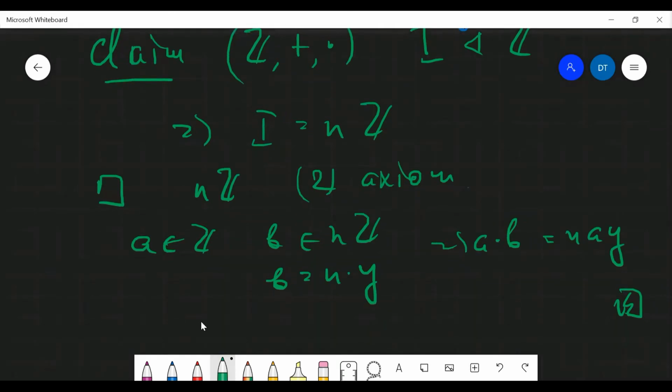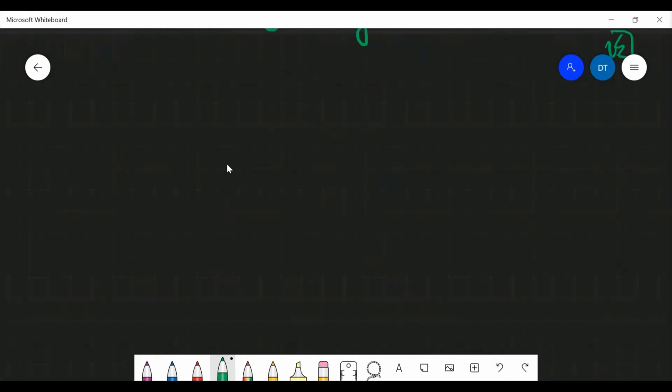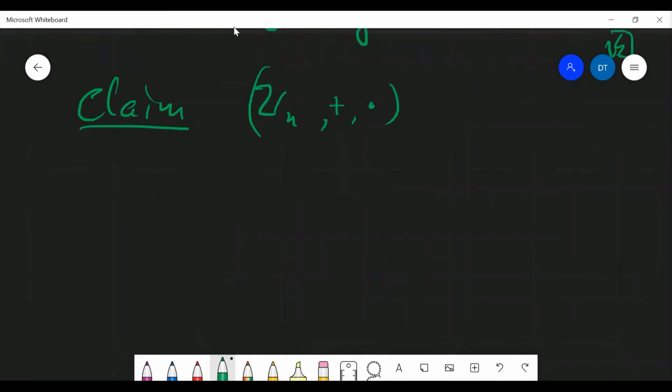There is a similar claim for the ring of remainders. Remainders. I always pronounce this word incorrectly. Z_n, plus and dot.